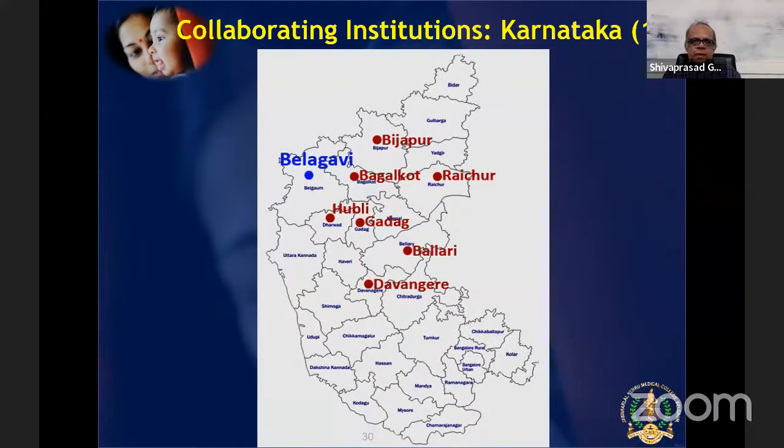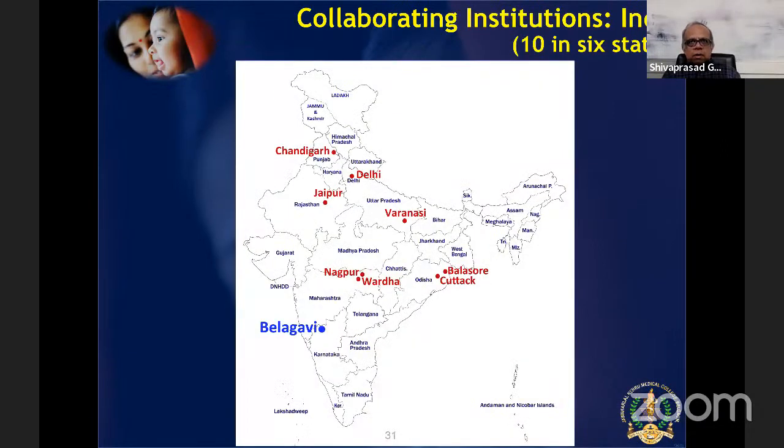This is where we are working right now in terms of Karnataka, mostly in central and northern Karnataka, 10 institutions. We work even outside Karnataka in Maharashtra, Odisha, UP, Rajasthan, Delhi and Chandigarh.